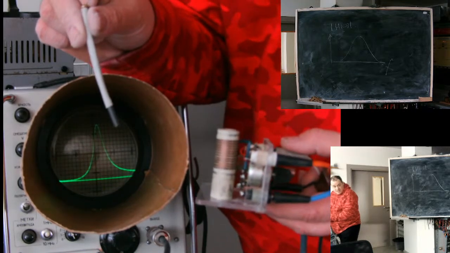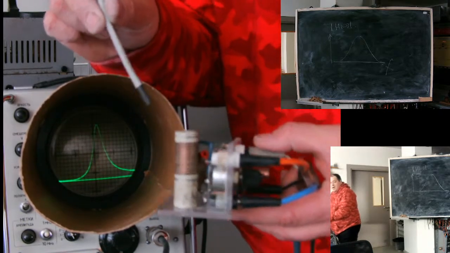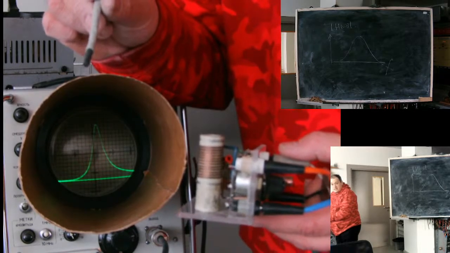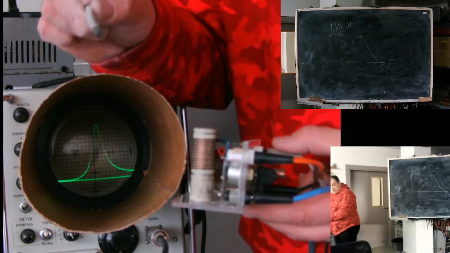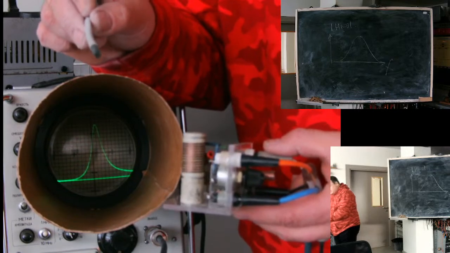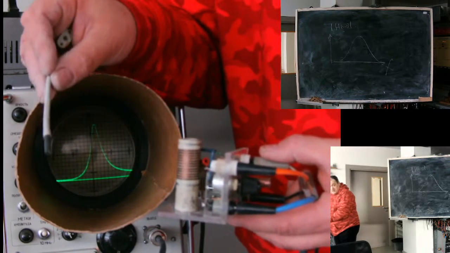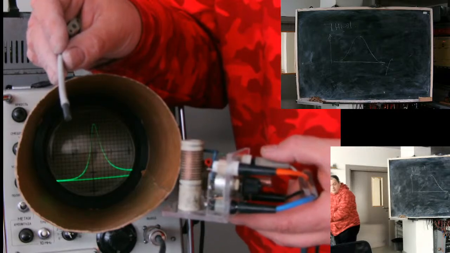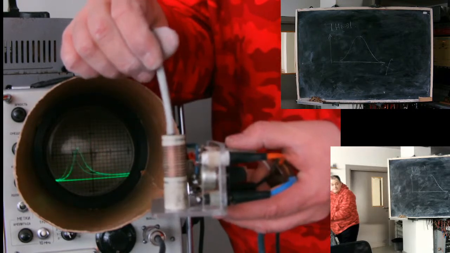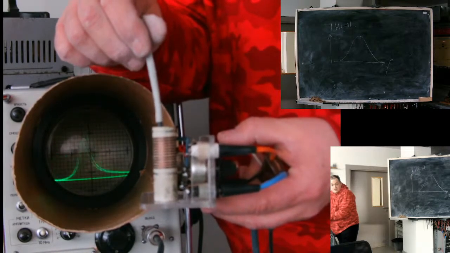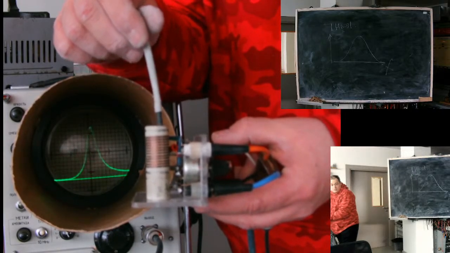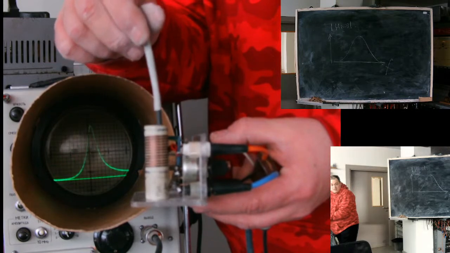No. So frequency decreases. And what will be with losses? They will increase because we need to spend energy to shift magnetic domains in the ferrite. Higher losses, lower characteristic. Take a look. See? Frequency shifts down and goes up because I have an increase in loss.